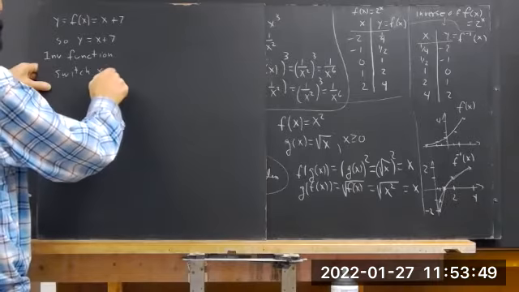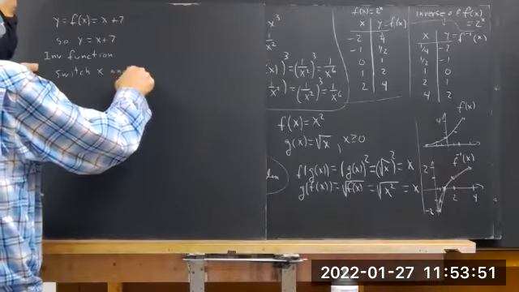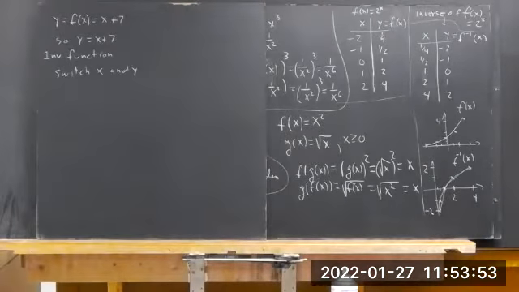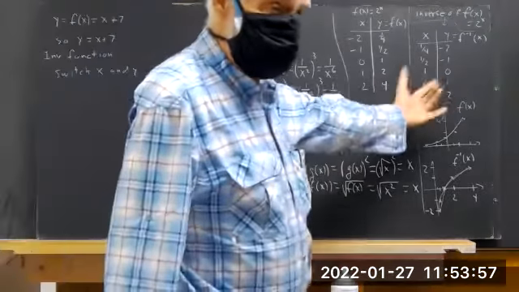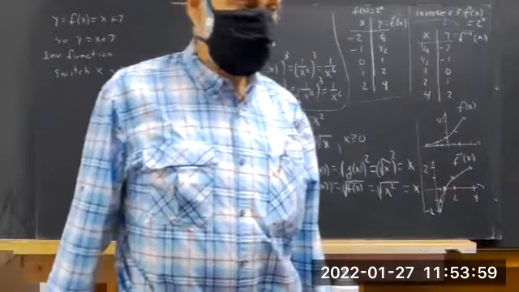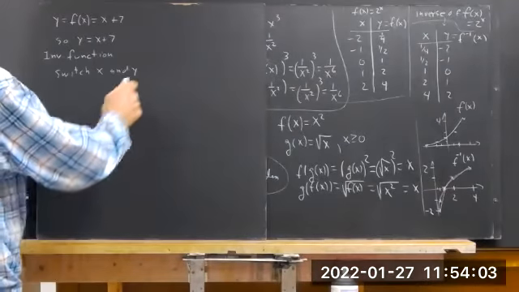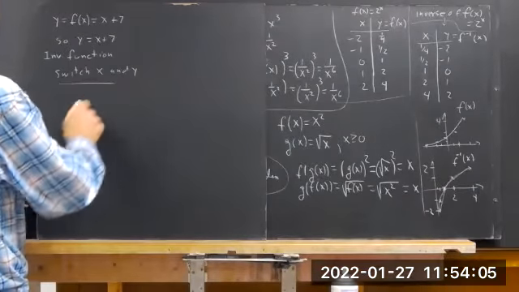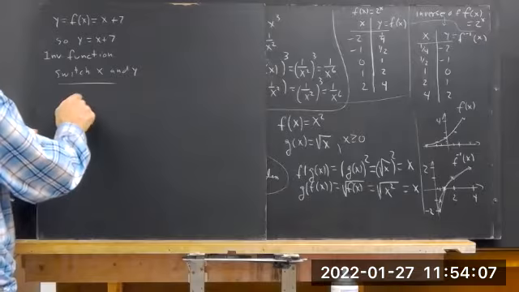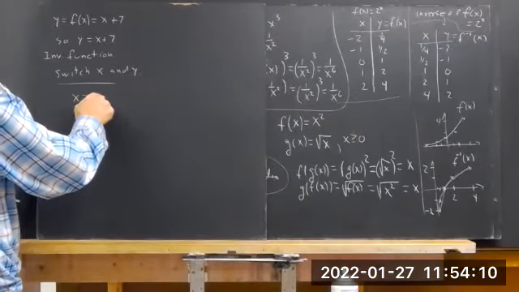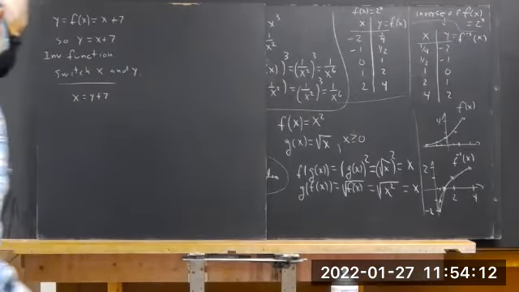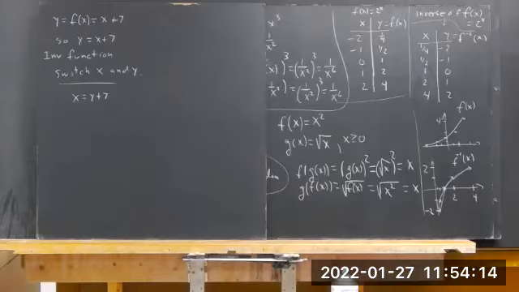We switch x and y. As we did over here with the table, we switched x and y. You get then x equals y plus 7. Now we solve for y.